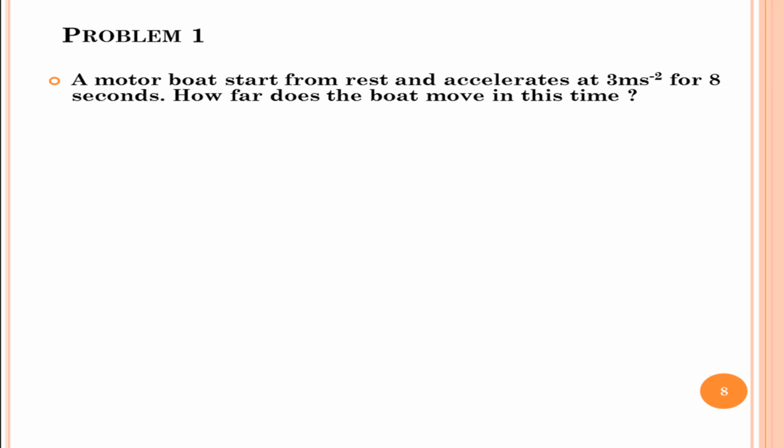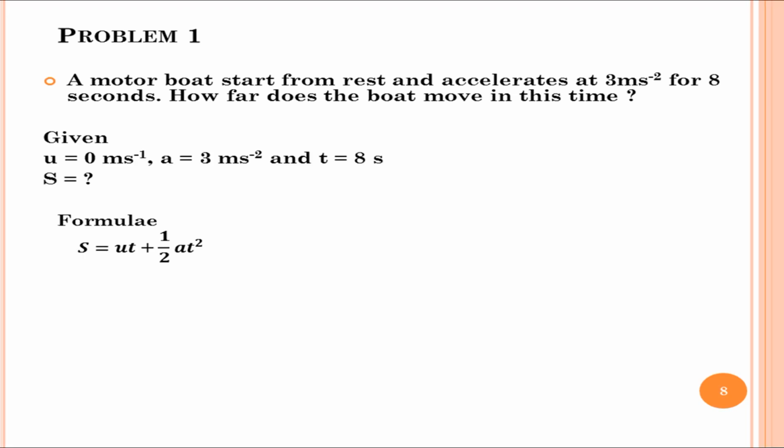First we have to note down the data given in the problem. A motorboat starts from rest. It means the initial velocity of the boat is 0, that is u is equal to 0, and accelerates with 3 meter per second square, which gives the value of a, equal to 3 meter per second square, for the time equal to 8 seconds, this gives your t value.